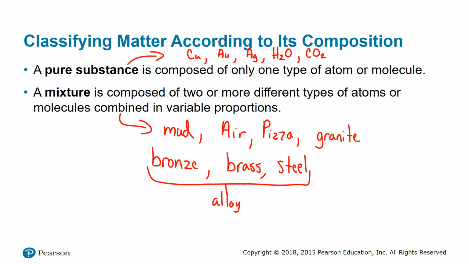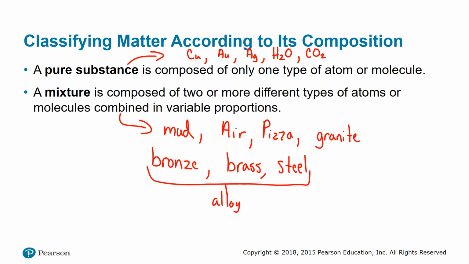So bronze and brass, they're made up of varying compounds of things like copper, nickel, and tin, and some other elements here and there in smaller amounts. Steel is mostly going to be iron and carbon, and it's going to be refined iron with carbon exposure and things like that.